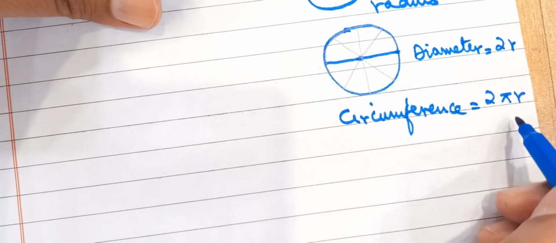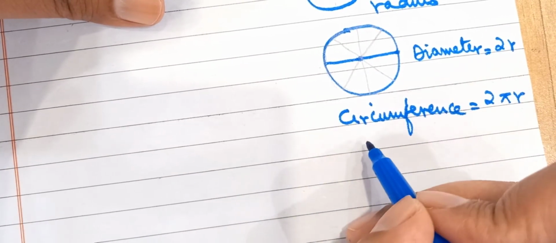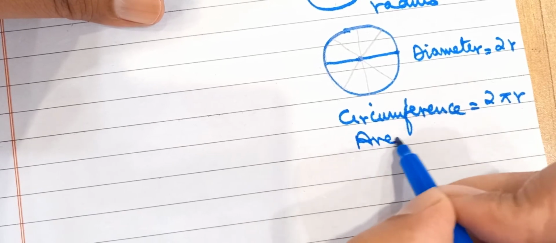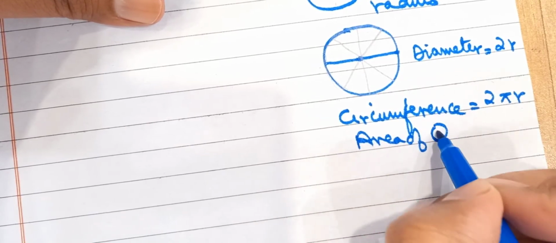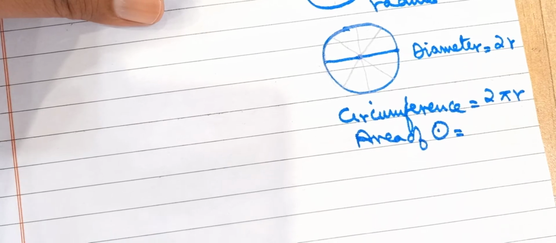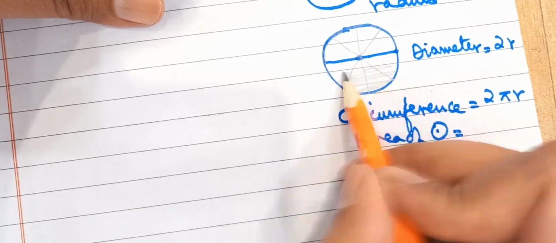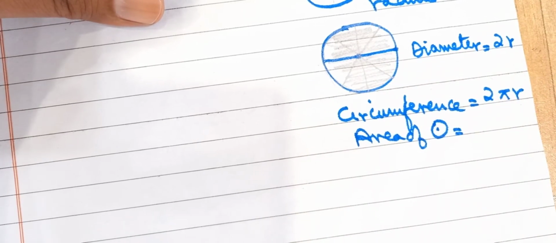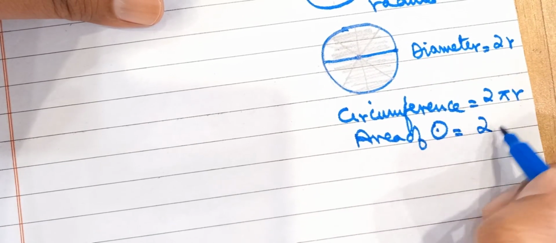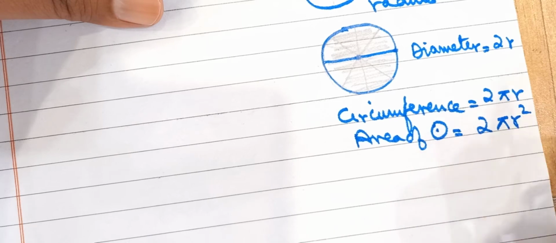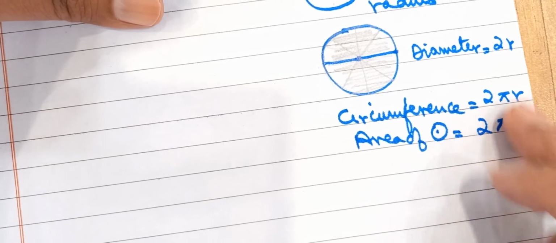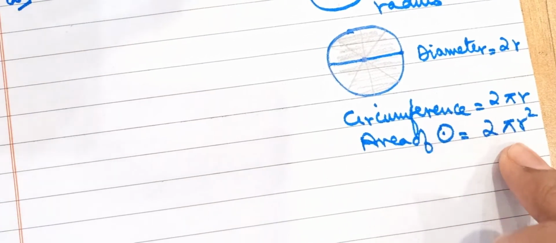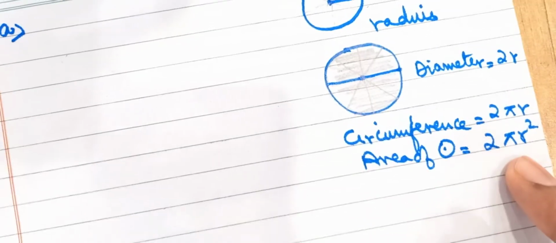We have to memorize the formulas. Then the area of a circle, area means the entire inner region, and area is always in square units, is pi r square. You have to memorize these two formulas for circumference and for area.